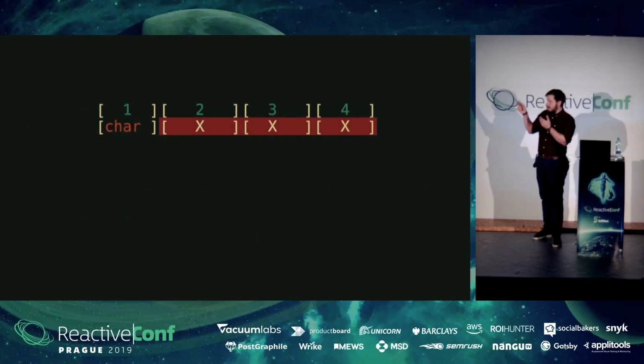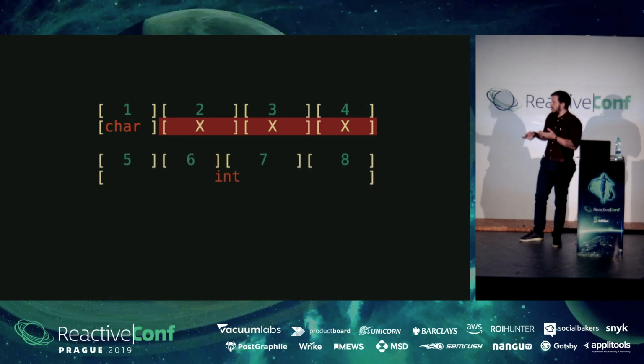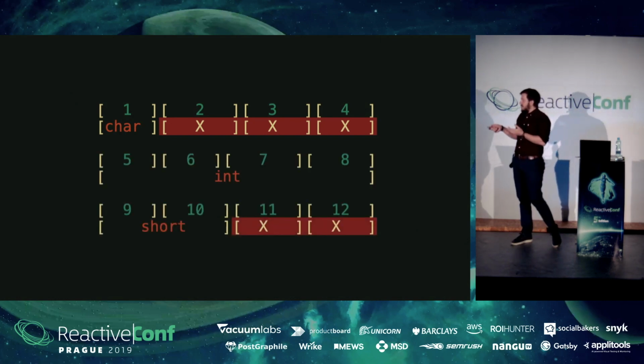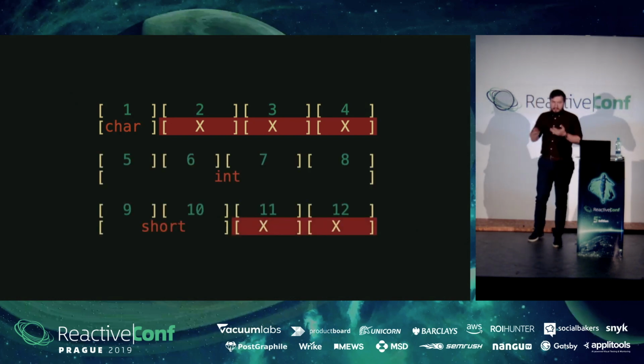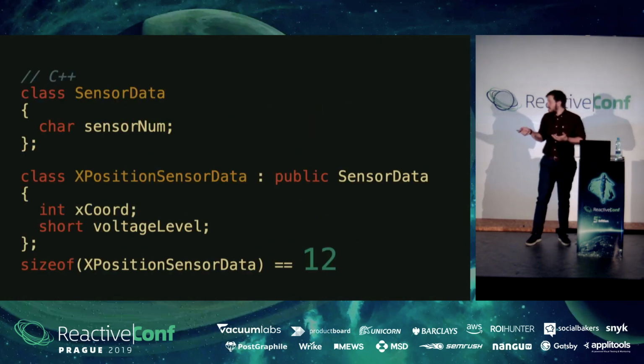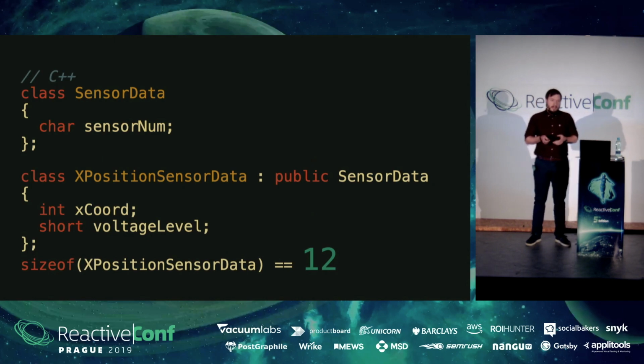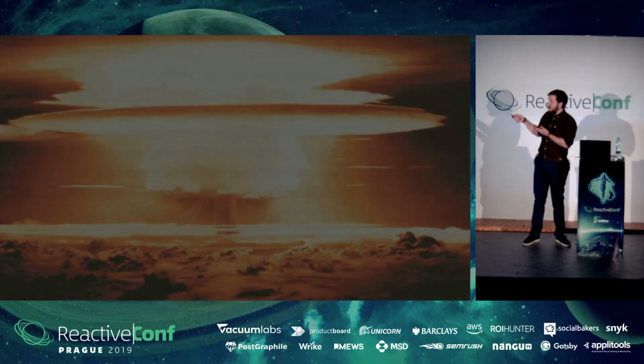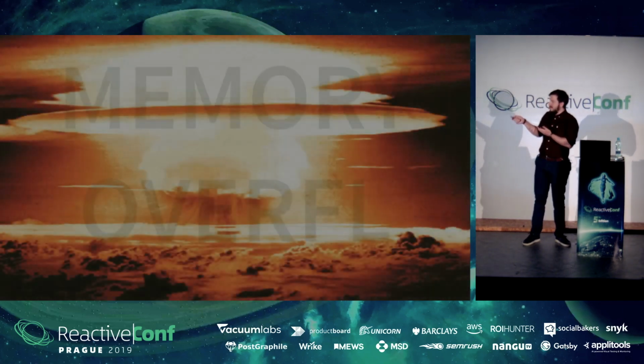So char would be the first, plus 3 additional bytes. Integer, short, and plus 2 bytes. So as a result, it would be like 12 bytes. And 12 bytes is 1.5 times bigger. And in memory, it will produce a memory overflow.